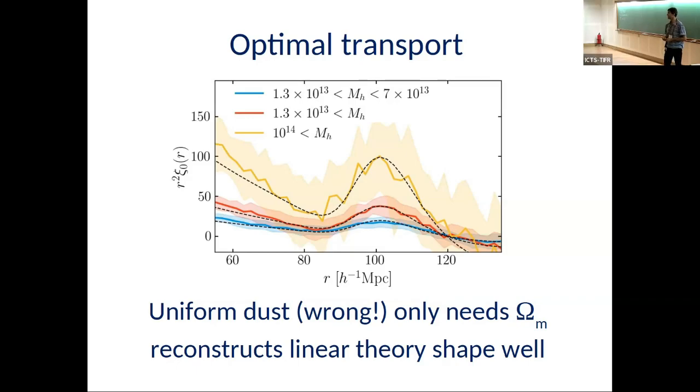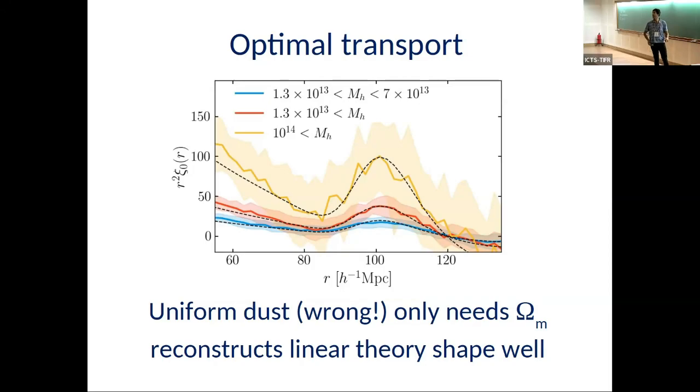We did it for a few halo mass bins. The ones I was showing you before were the blue and the red. But then I can take a higher mass sample or a lower mass sample and run the method. The dashed line is linear theory.